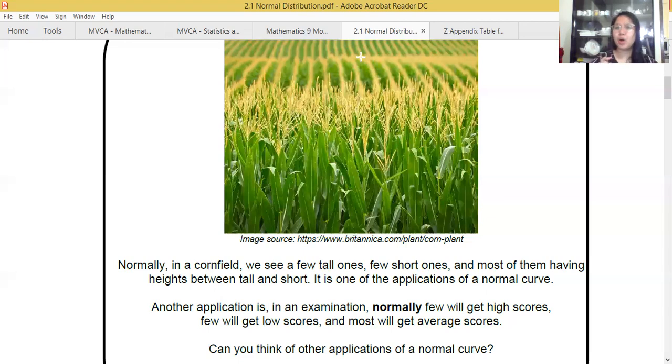Normally, there are few top notchers. There are also people who fail and people who score within the average. That is a normal distribution. You don't expect all will be on top, all will fail, but normally that is how we distribute the data.